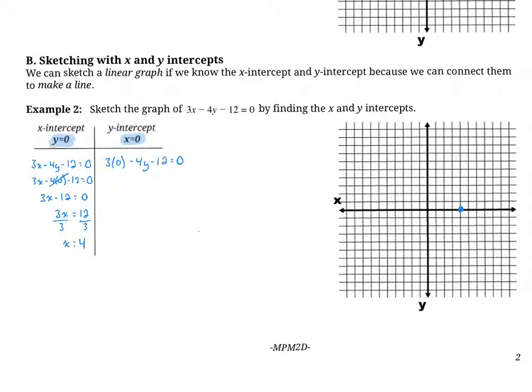So 3 times 0 is just 0, and we're left with negative 4y minus 12 equals 0. If we bring that negative 12 over to the other side, it becomes positive, and we need to get y by itself, so we divide by negative 4, so y is equal to negative 3. So that y-intercept is down here. And then we can connect the points and draw the line.